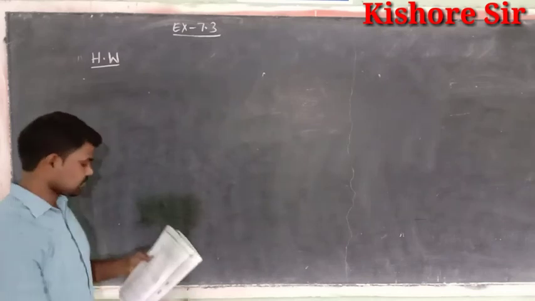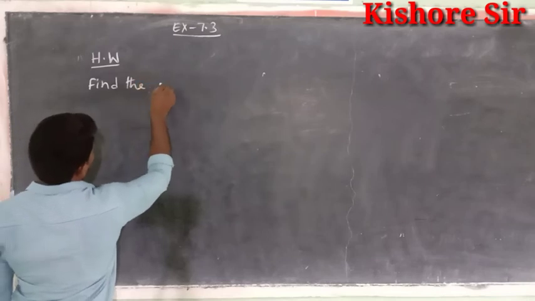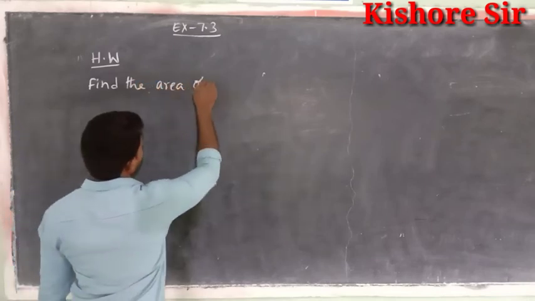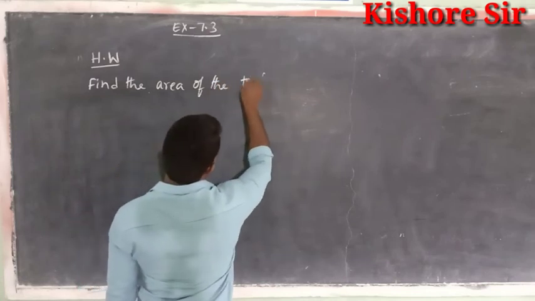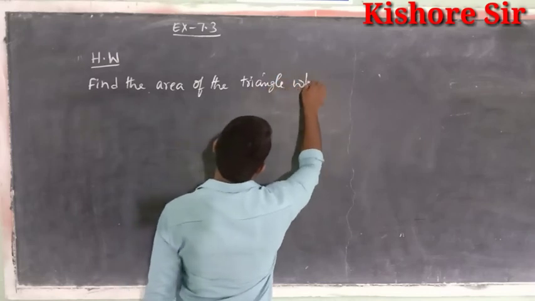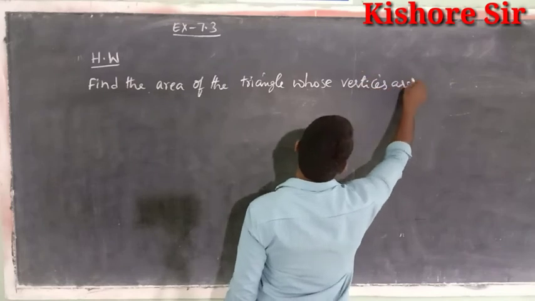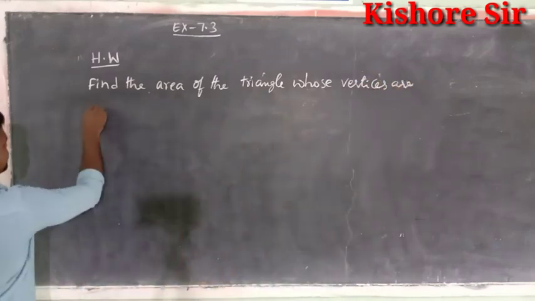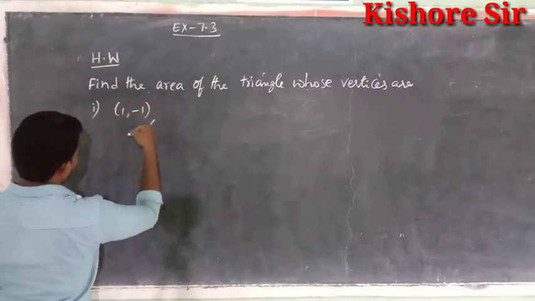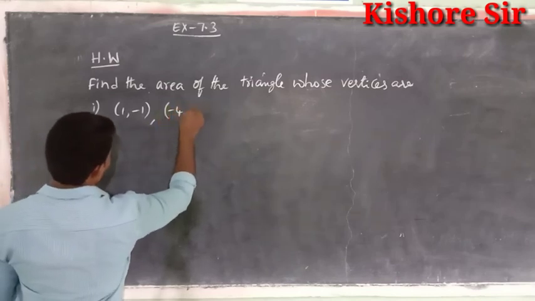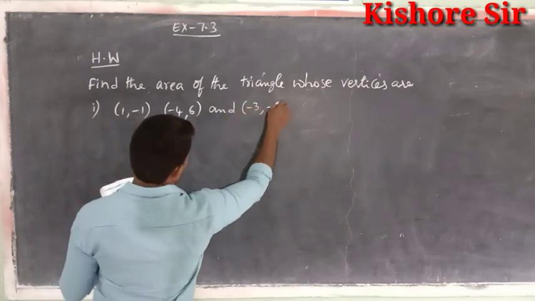Homework problems: find the area of the triangle whose vertices are, first problem, 1 comma minus 1, minus 4 comma 6, and minus 3 comma minus 5.